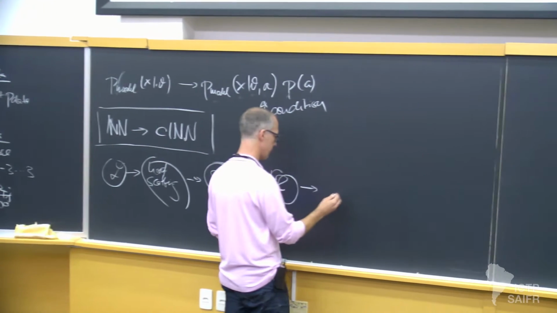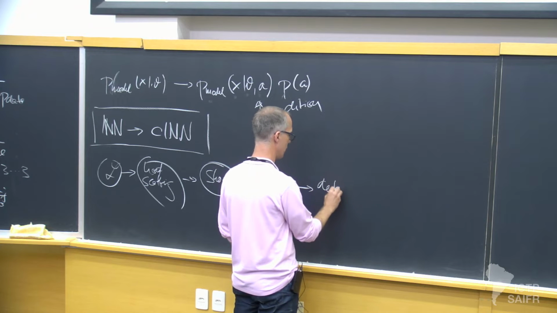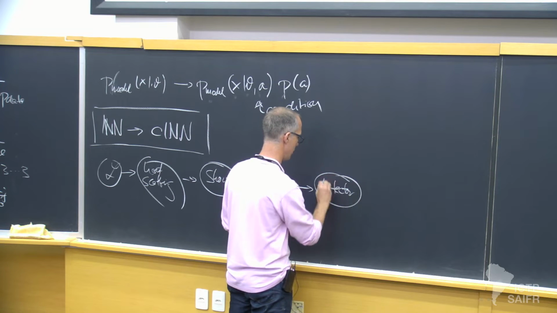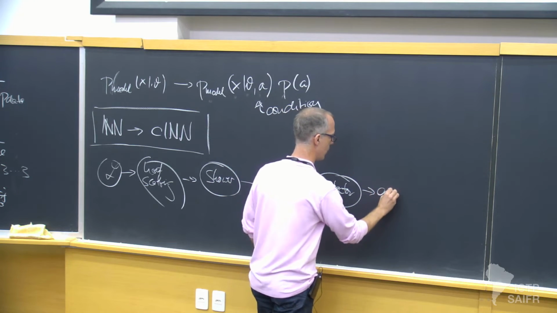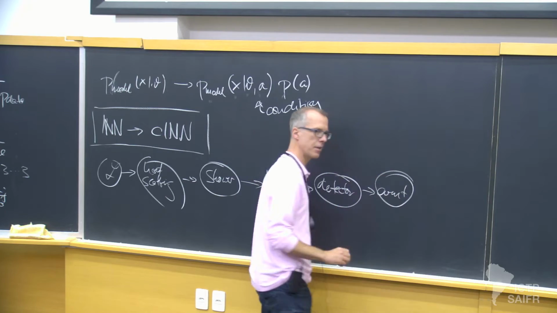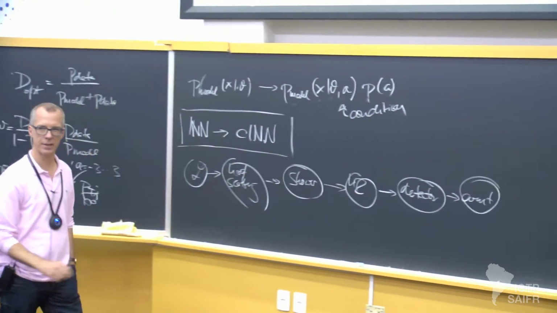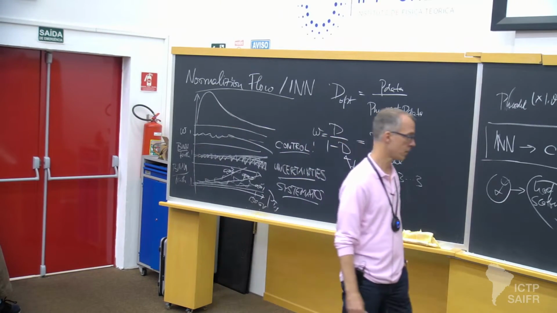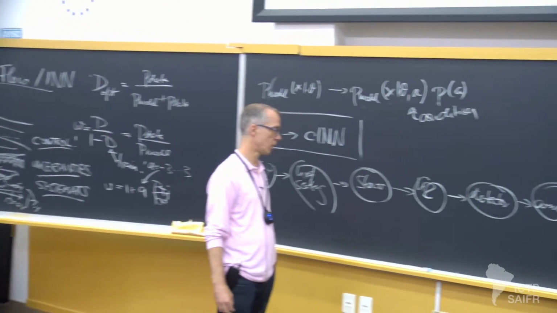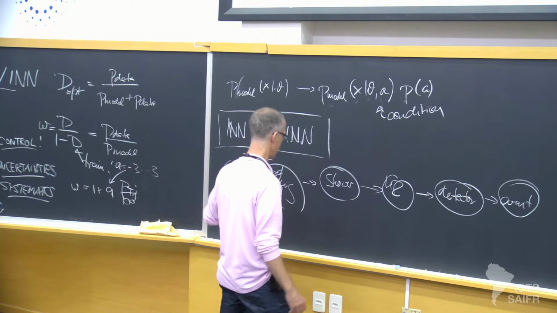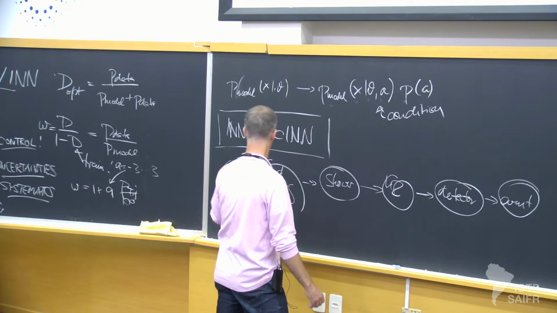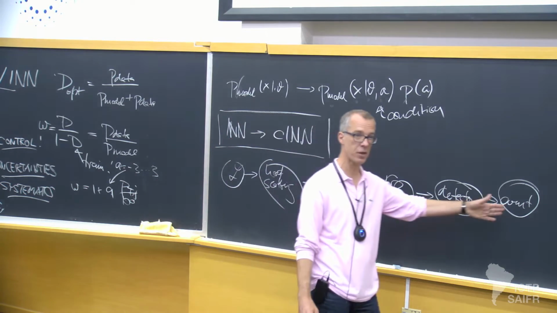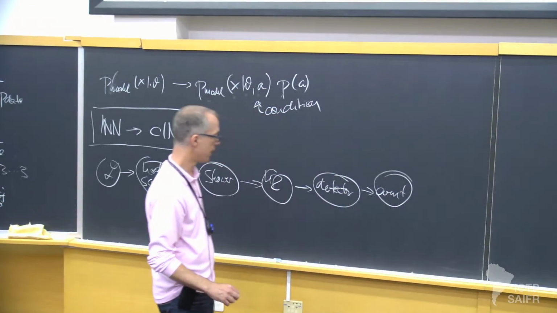Then you add a detector, and then you get events. This is my favorite little line here, what we simulate. And we always simulate forward. We take simulated events from here to here, and the experimentalists compare them with real events observed here, and then they do inference.